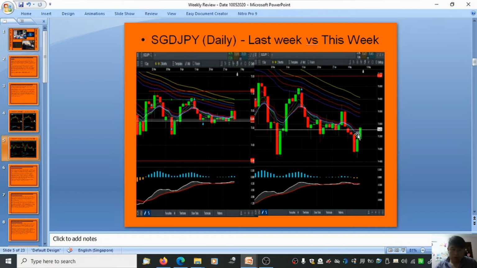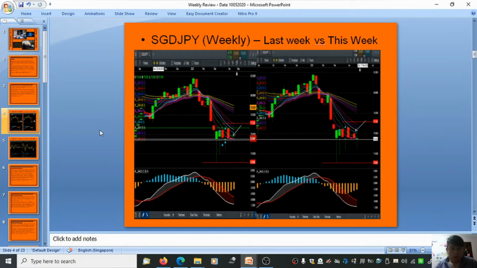The highest point is previously lower than earlier, and this is by the GMMA. Compared to previous, it is still lower here. Then this is by the long-term GMMA here. For this GMMA, you can see the long term is still in the downtrend now.